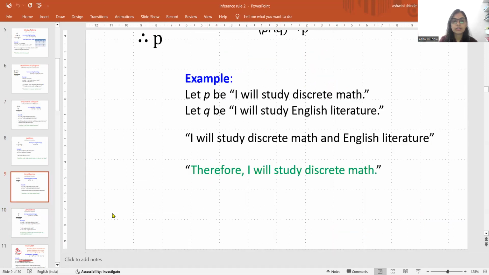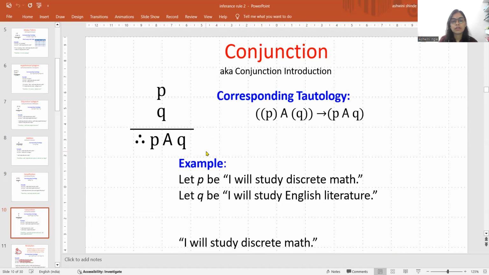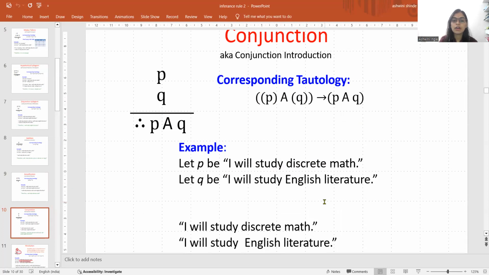So next inference rule is conjunction. Here, conjunction has two premises, P and Q. We use the and connective here. Corresponding tautology: P and Q implies P and Q. So P, I'll study discrete math, and Q, I'll study English literature.